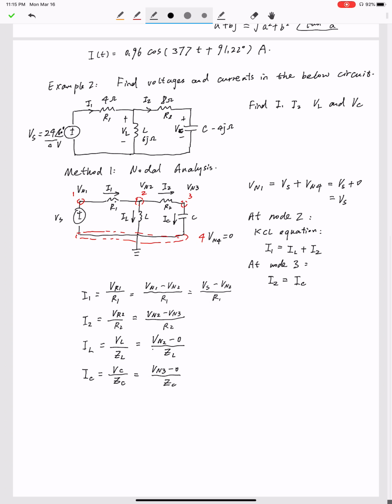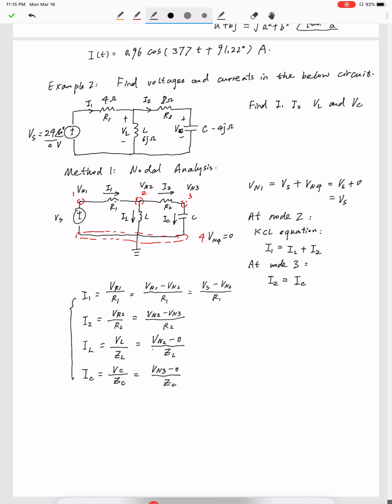Right, so after we represent I1, I2, IL, and IC by using unknown voltage variables, we can plug these four expressions back into the KCL equations, right? And we can find the values for Vn2 and Vn3.